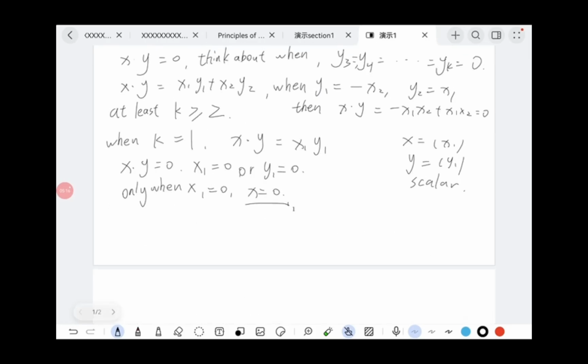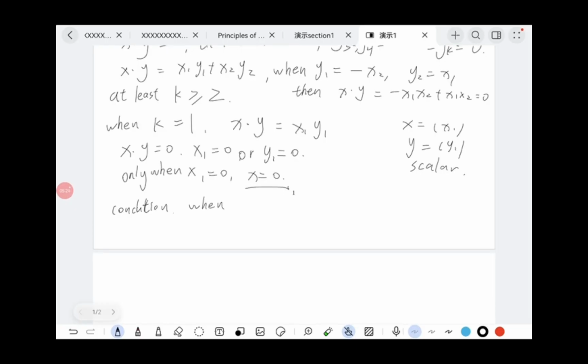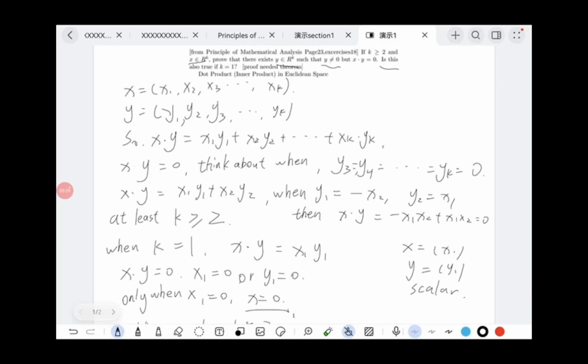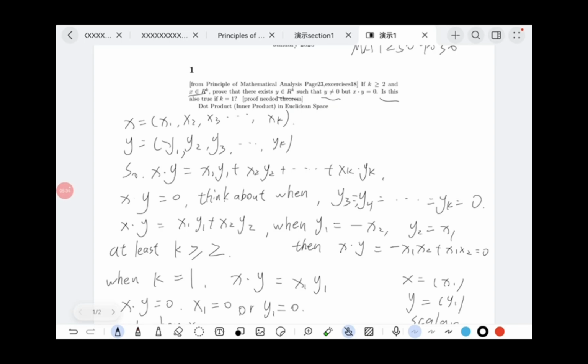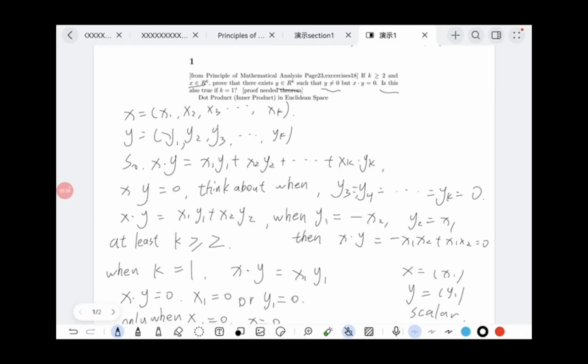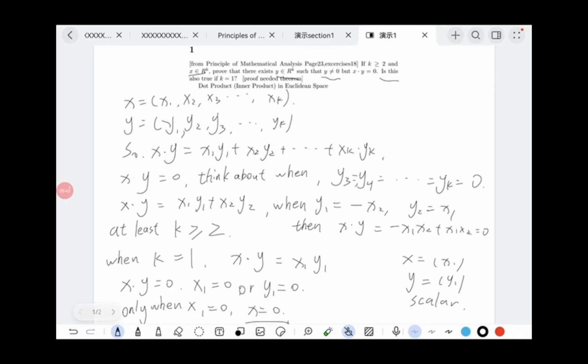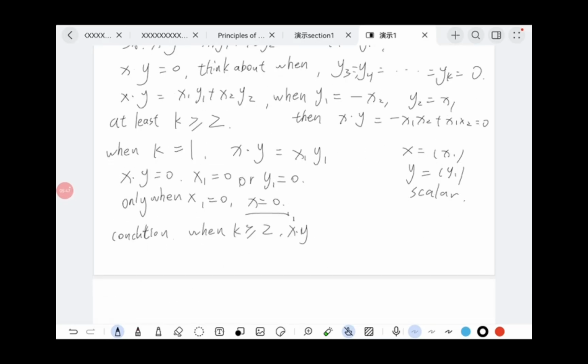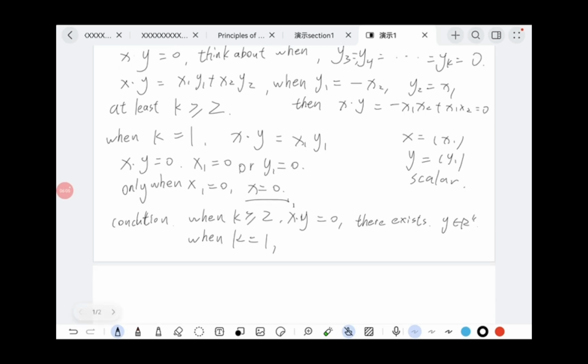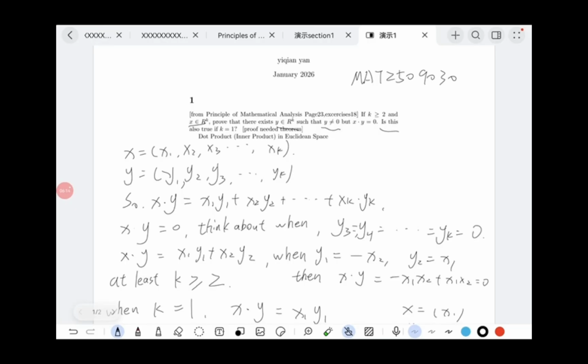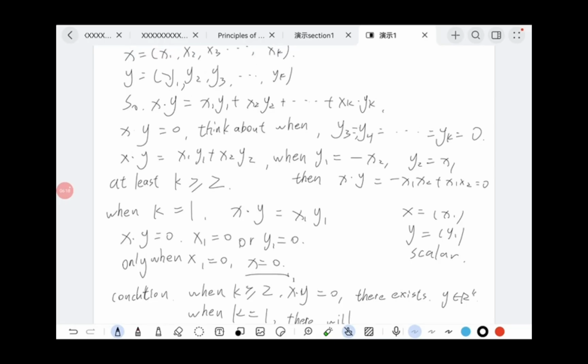So we can make the conclusion that when k is greater than or equal to 2, there exists y in R^k such that x dot y equals 0 with y not 0.